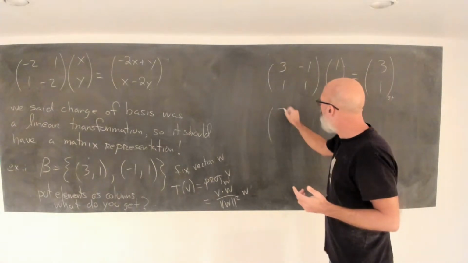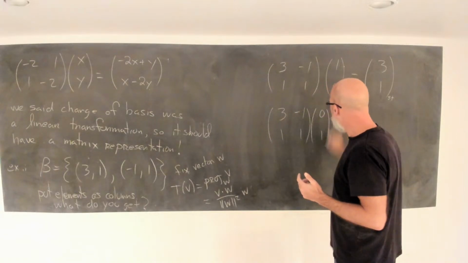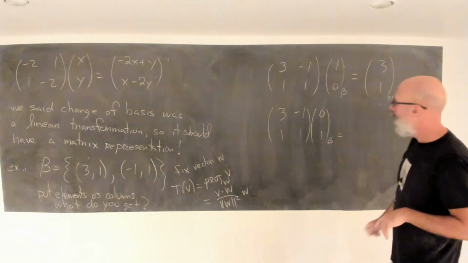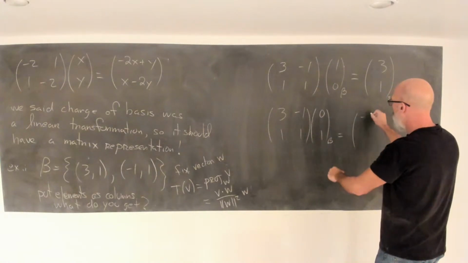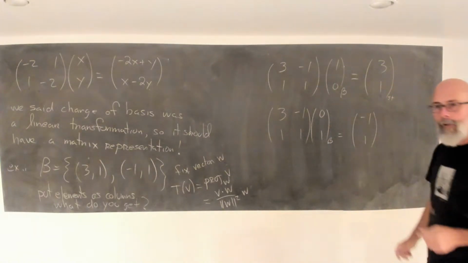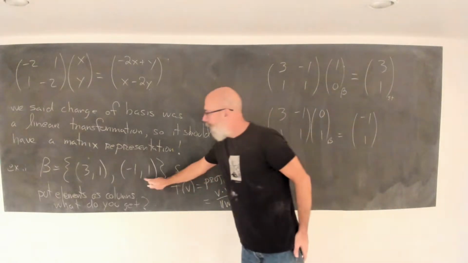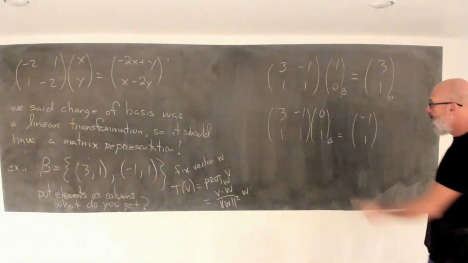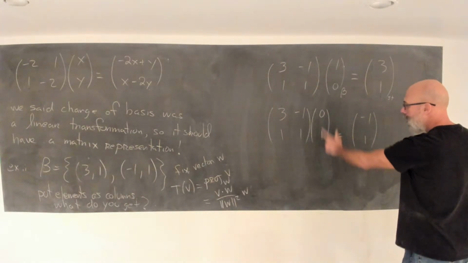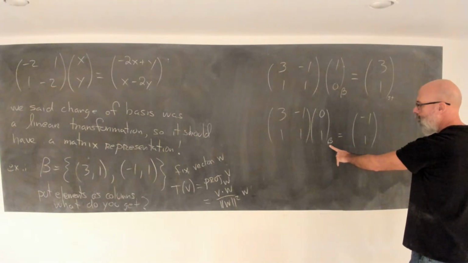Similarly, when you do this multiplication with (0, 1), you get the vector (-1, 1), the second basis element in your ordered basis.